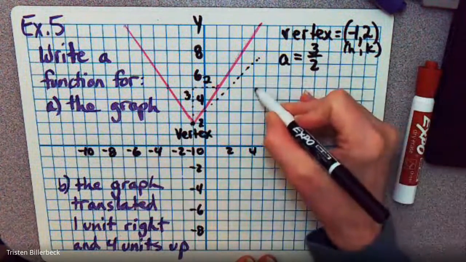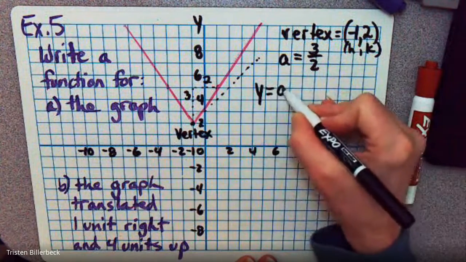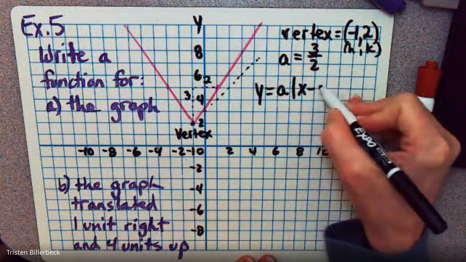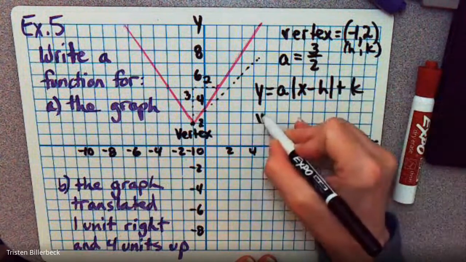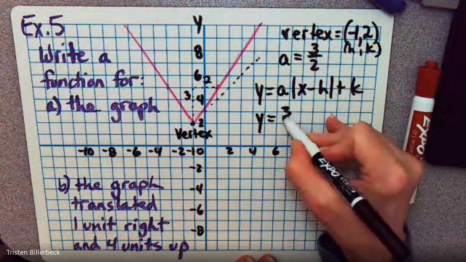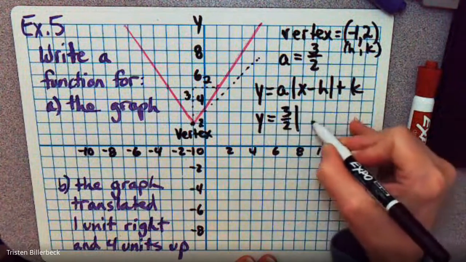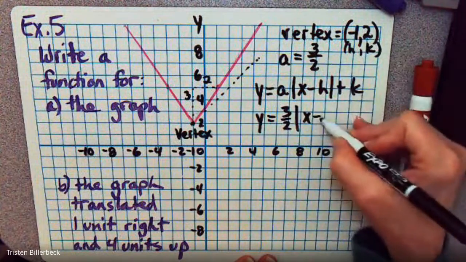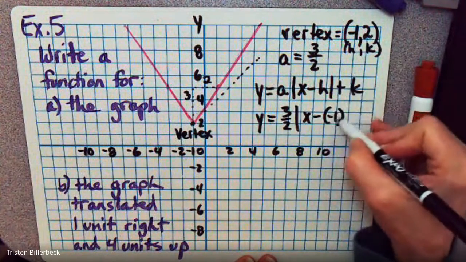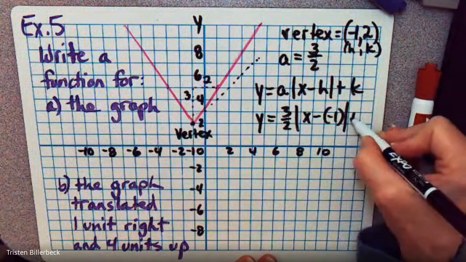So if we have y equals a times the absolute value of x minus h plus k, we just write y equals 3/2 the absolute value of x minus -1 plus 2.